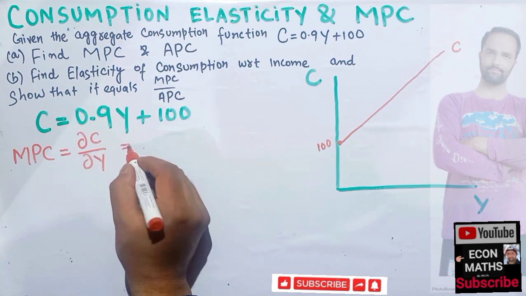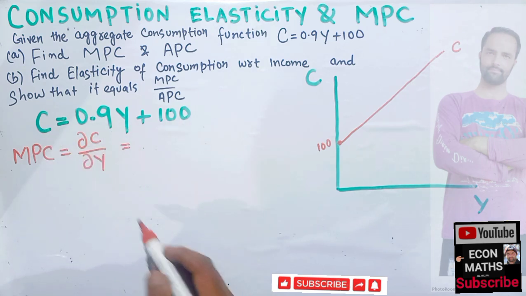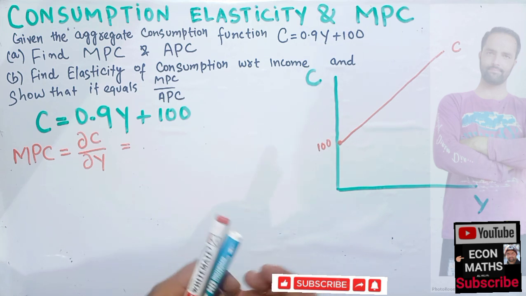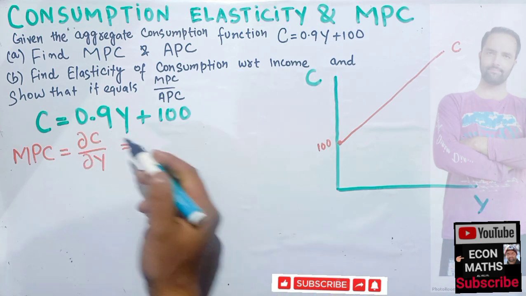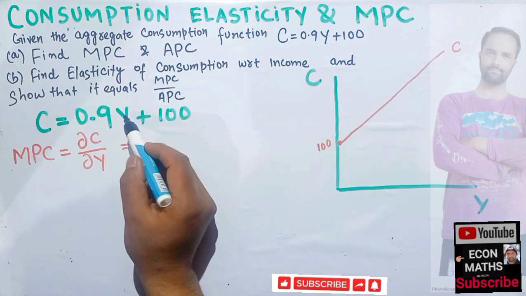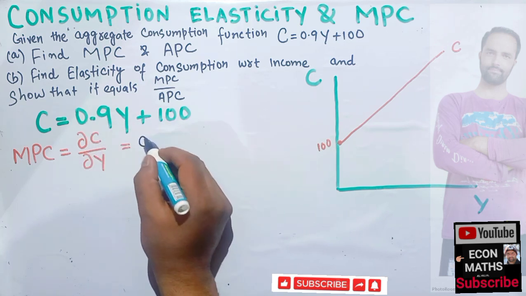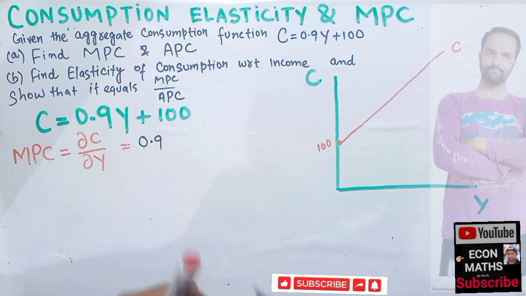We need to take the derivative of this consumption function with respect to income. That will give us the MPC, marginal propensity to consume. It simply tells us how much our consumption changes when there is a change in income. The derivative of y will be 1, so we are left with 0.9. 0.9 is our marginal propensity to consume.